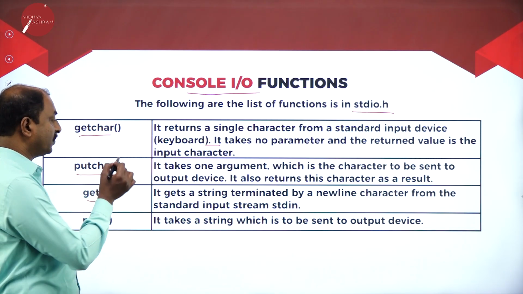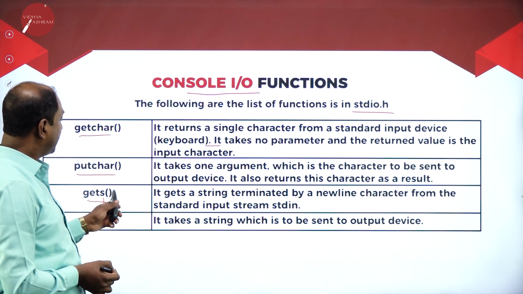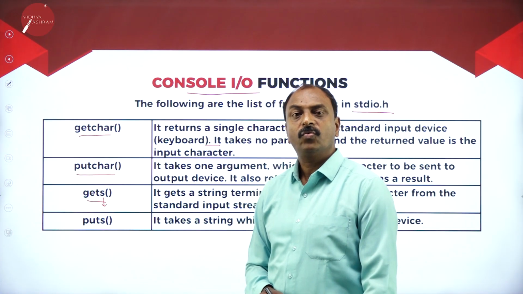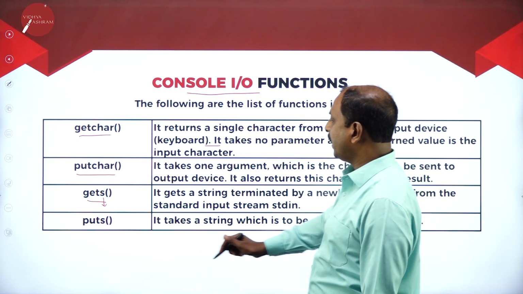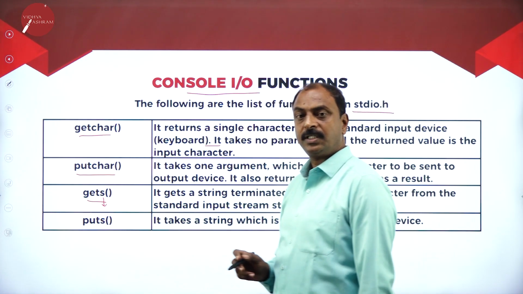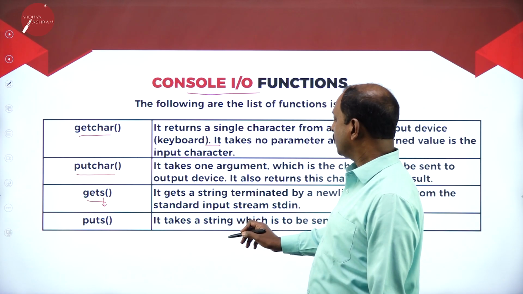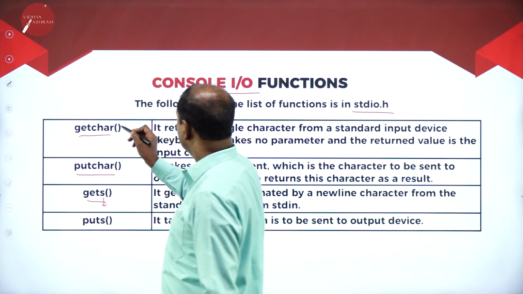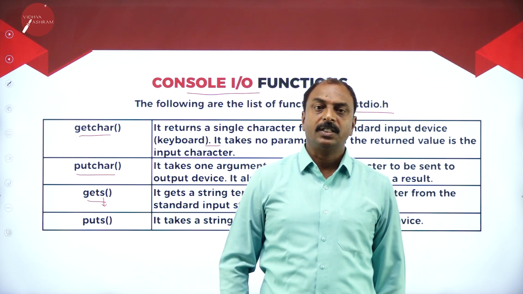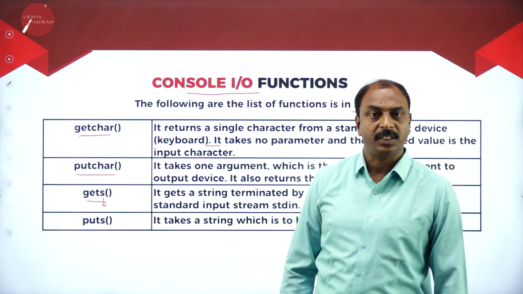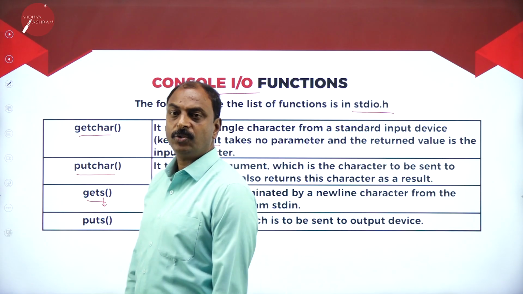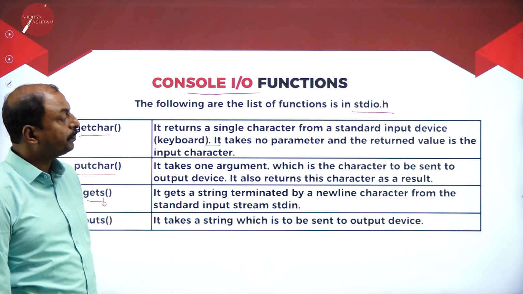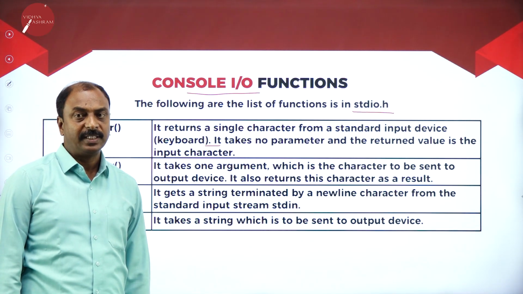Here, s stands for string. gets accepts a string from the standard input device, and puts is another function. It sends the string to the standard output device. So these are all console IO functions, or console input-output functions, to accept a value, either character or string, from the user and display it through the output device.